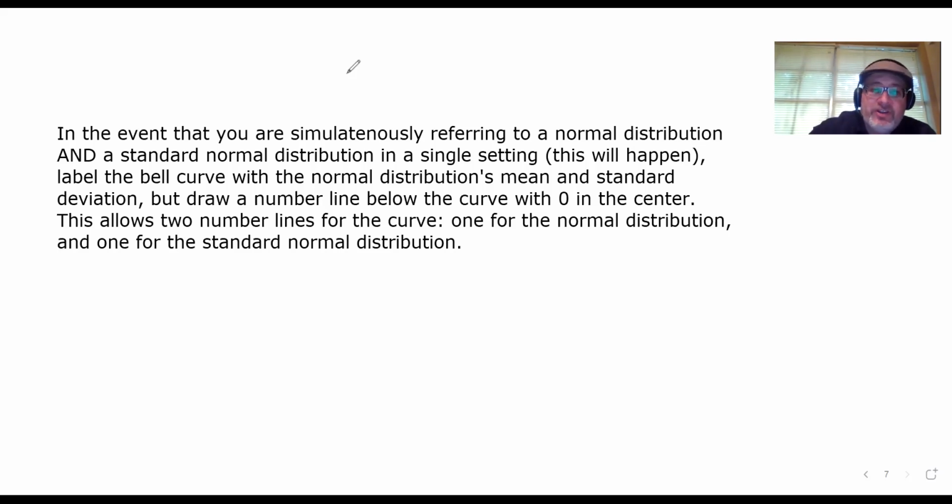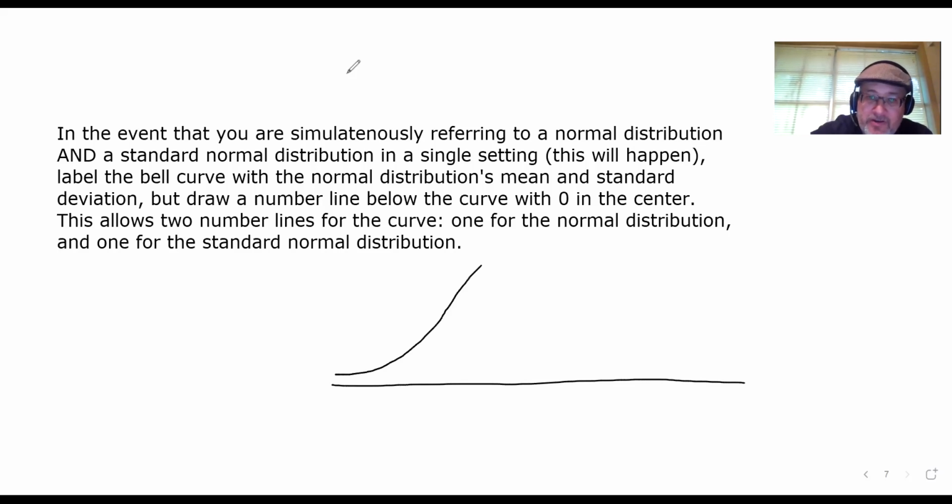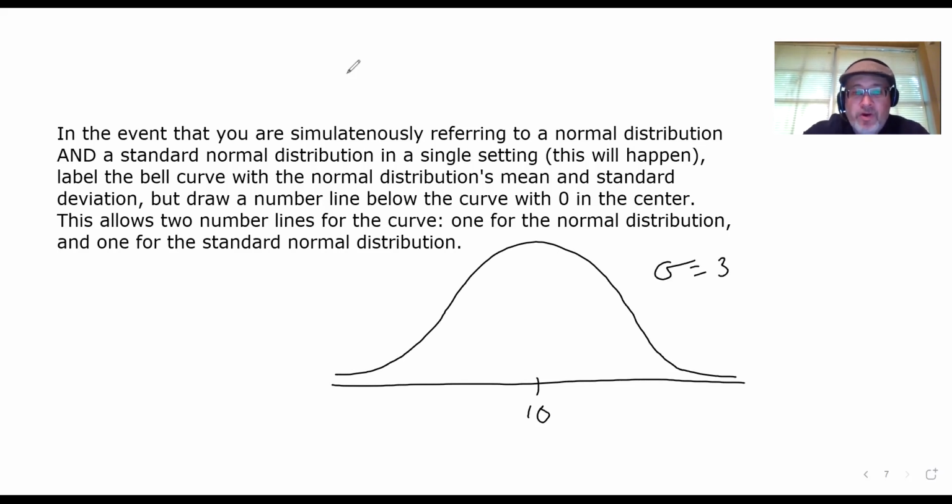In other words, let's say that we had the curve we had before with a mean of 10 and a standard deviation of 3. If I were in a setting where I also needed a standard normal distribution curve, a common gimmick is to draw another number line underneath it and put a 0 in the middle.